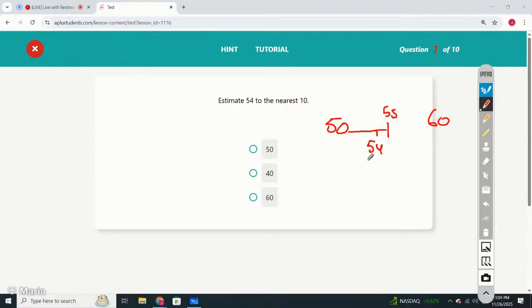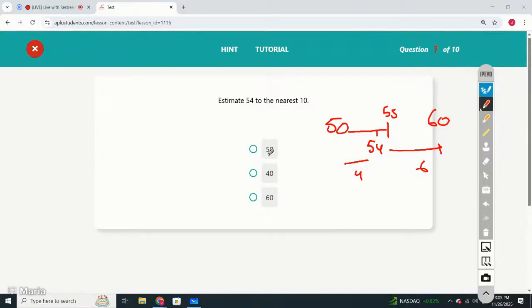That means 54 is just 4 points away from 50. So 54 can be rounded off to 50 because it is just 4 points away from 50, but it is 6 points away from 60, right?